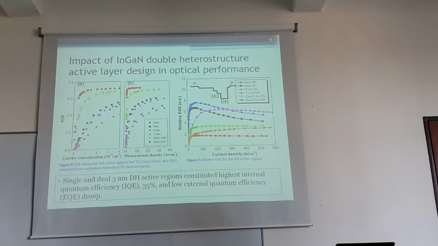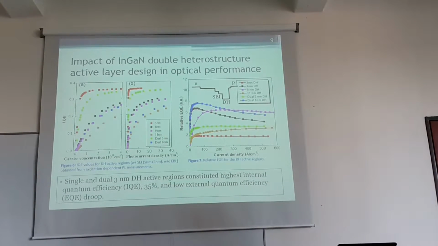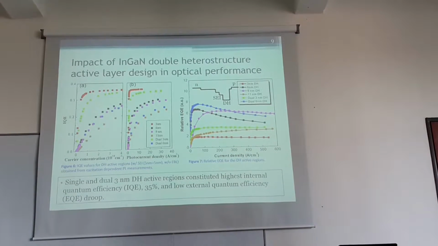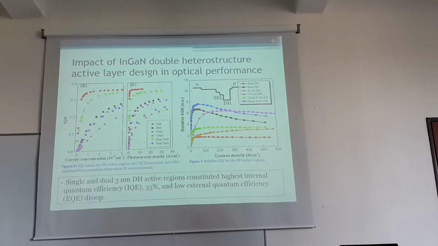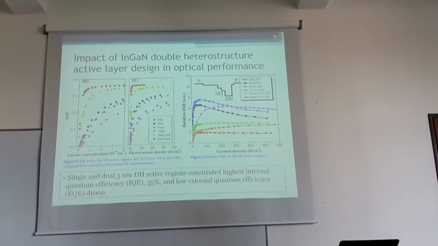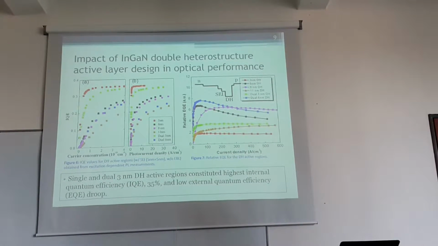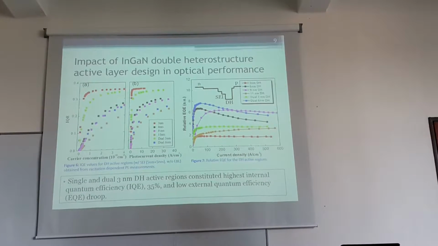As we see on the left-hand side of internal quantum efficiency, 3 nanometer and dual 3 nanometer have the highest internal quantum efficiency compared to other active region thicknesses. This is due to increasing the thickness of the active region: the crystal quality decreases, so it increases the non-radiative centers. So we thought this is the best.